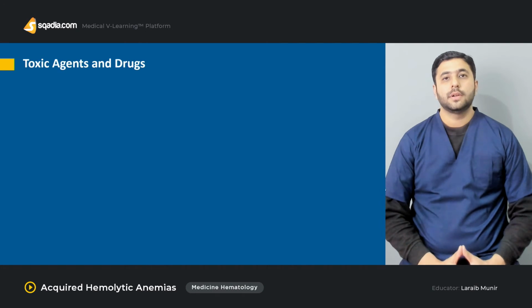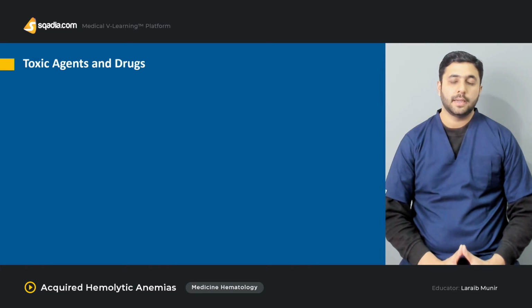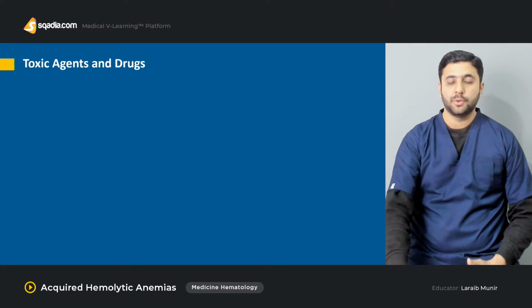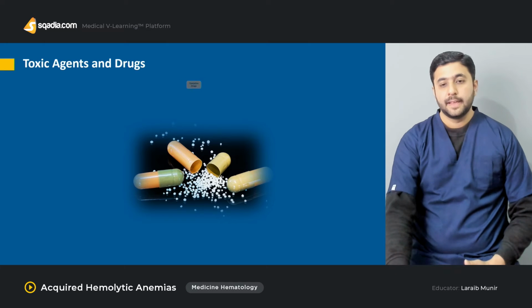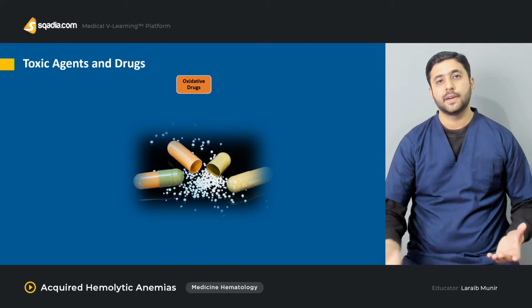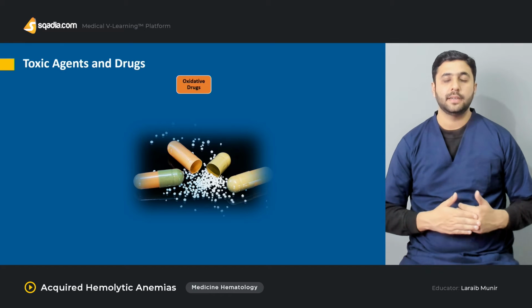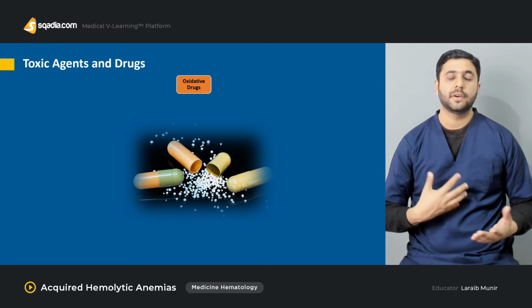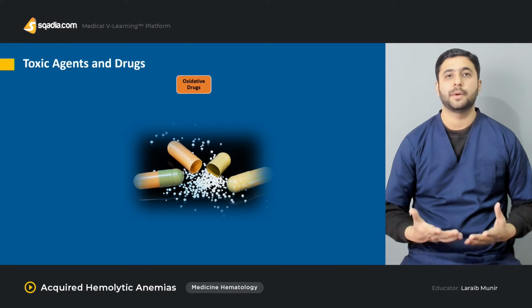Now let's talk about certain types of drugs or toxic agents that can cause hemolysis in the patient, leading to hemolytic anemias. The drugs can be oxidative or non-oxidative. The oxidative drugs lead to the oxidation of hemoglobin in the RBCs, and the non-oxidative ones target the RBCs through certain other pathways.